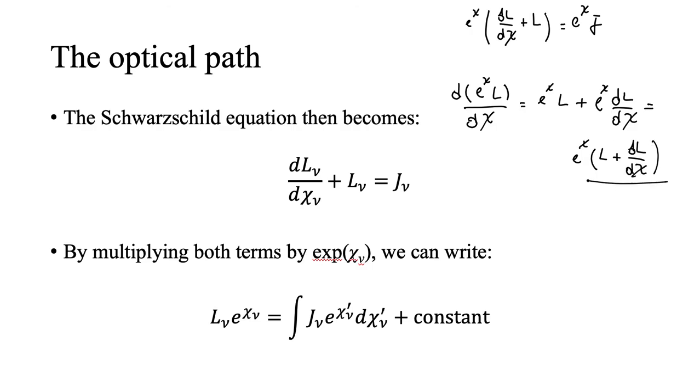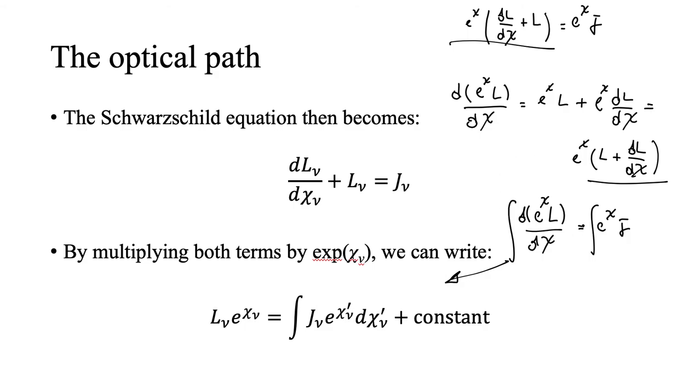But wait a minute, this is exactly this here. So we can rewrite that as a total derivative: d of e to the χ L over dχ equals e to the χ J. And now this is easy, because you just integrate in dχ, and this is easily solved. You get precisely to this expression here.